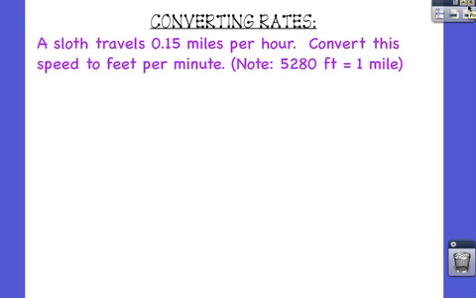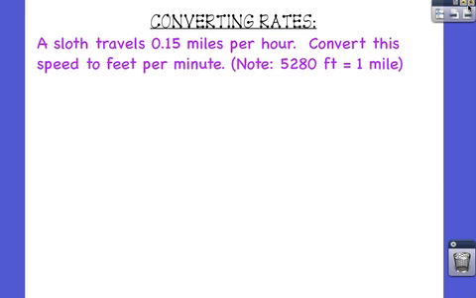Now let's talk about converting rates. A sloth travels 0.15 miles per hour. Convert this speed to feet per minute. So, when converting rates, we're using a concept similar to proportions, but we call it unit analysis, which also may be known in the higher grade levels as stoichiometry.